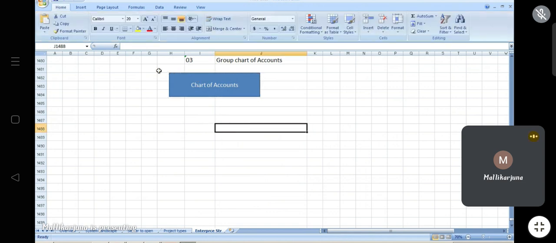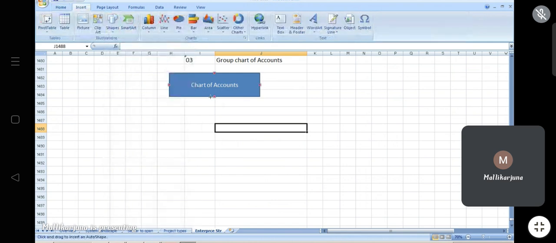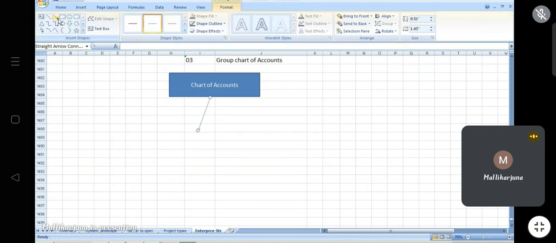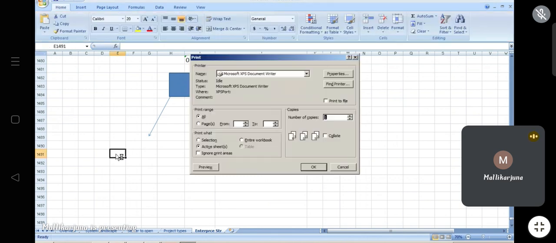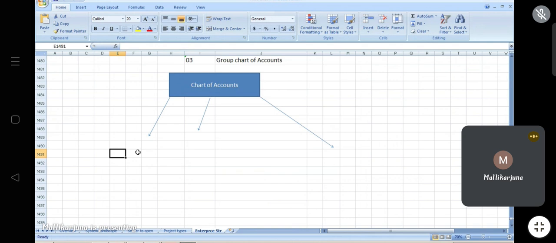One is the primary COA, then the country specific COA, and the group chart of accounts.